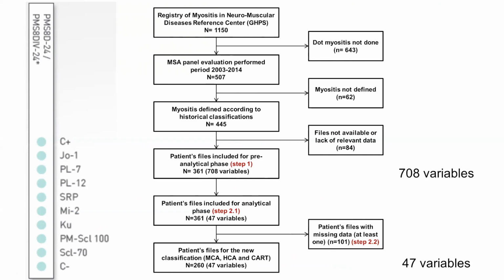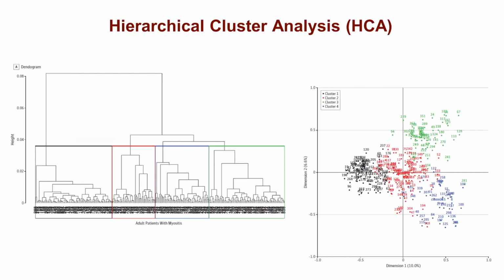And with these 47 variables, we asked the computer, with no supervision by the doctors, to clusterize the patients. And this is just one tool coming from geometry. And you ask to clusterize the most similar patients.